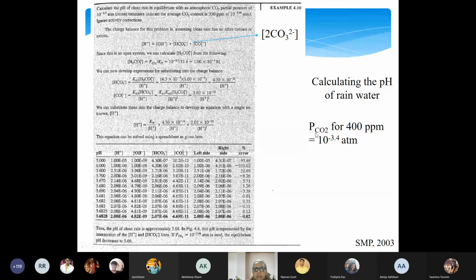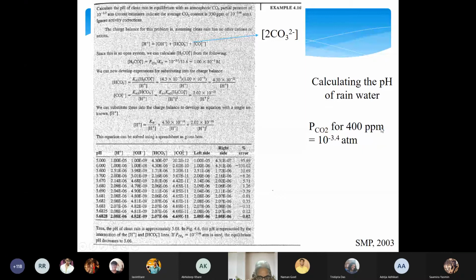So if I say the partial pressure of CO2, what is it for 400 ppm? You can convert it. ppm is parts per million. So if my atmospheric pressure is 1 atmosphere, that 1 atmosphere is occupied by 400 ppm of CO2. So 400 times 10 to the power minus 6, it's parts per million.